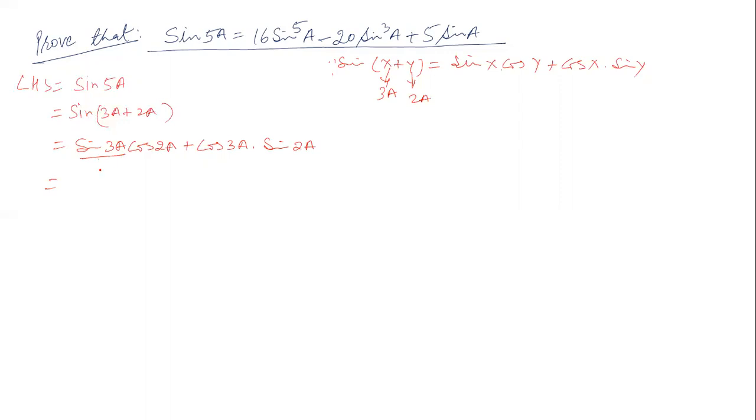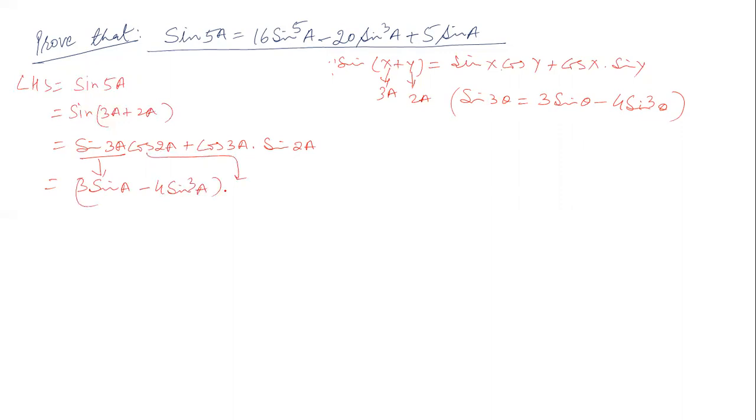Now using the formula of sin 3a. We know that sin 3 theta equals 3 sin theta minus 4 sin cube theta. So sin 3a would be 3 sin a minus 4 sin cube a.